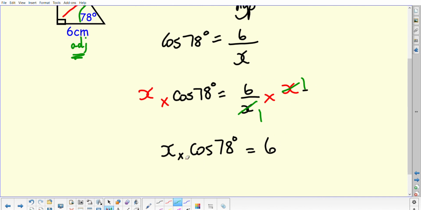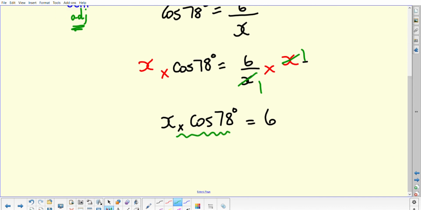Now on this side, we want to isolate the x. We've got an extra step to do this time because that x is getting multiplied by cos 78. So the opposite of multiplying is to divide. So what we then need to do is 6 divided by cos 78.